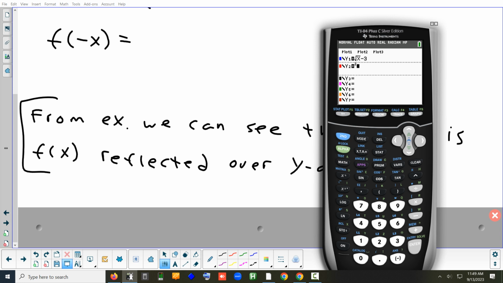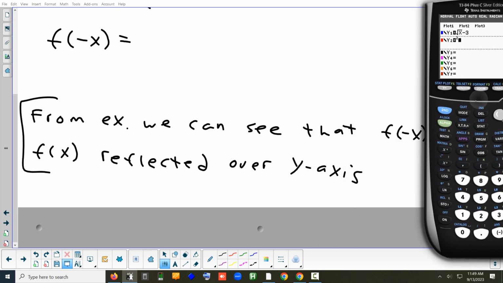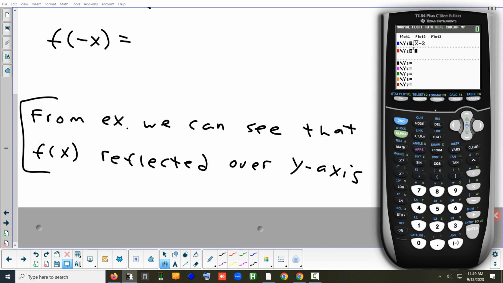Let's try it. Take a problem and change the x to a negative x. Let's do square root of negative x plus 3, or minus 3. Now hit graph and let's see how they look. It's a mirror image over the y-axis.